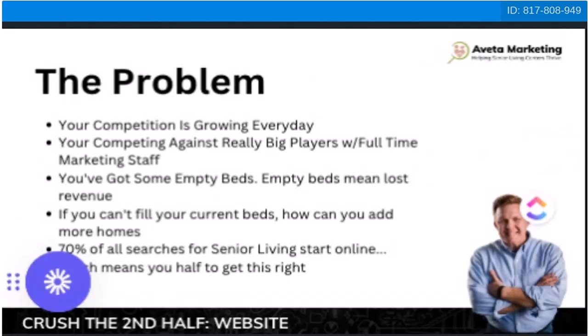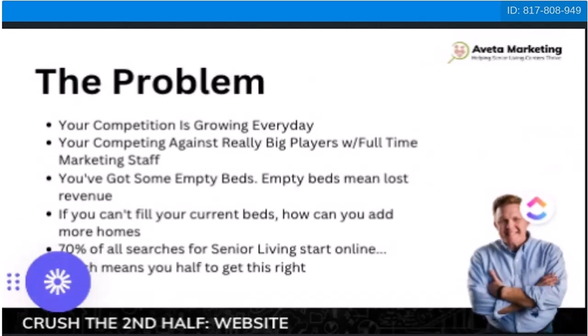The other thing is, I alluded to it earlier, you're competing with some really big players with full-time marketing people and budgets that you don't have. So getting this stuff right, your website optimized, is paramount, right?